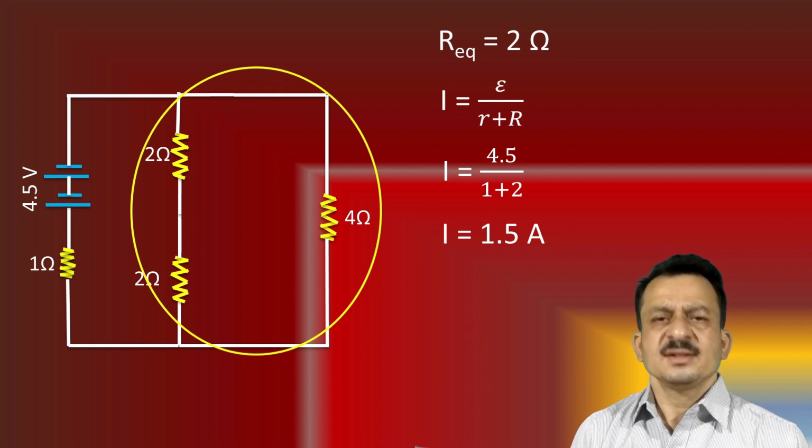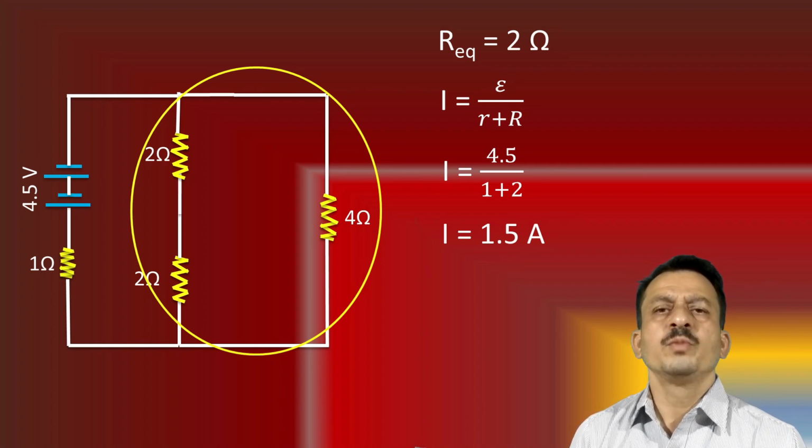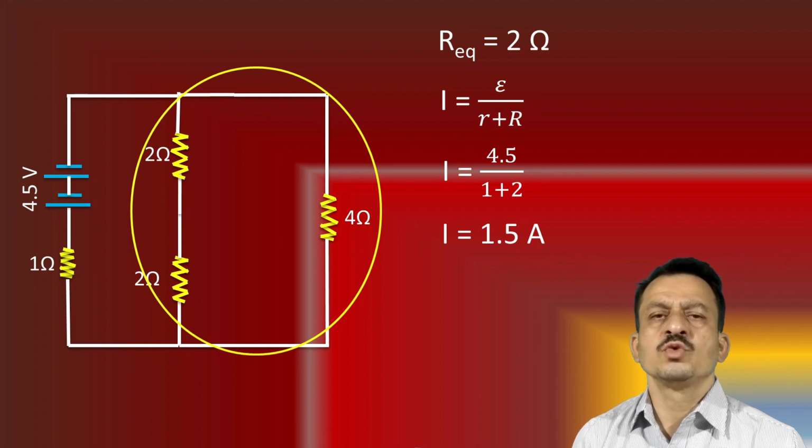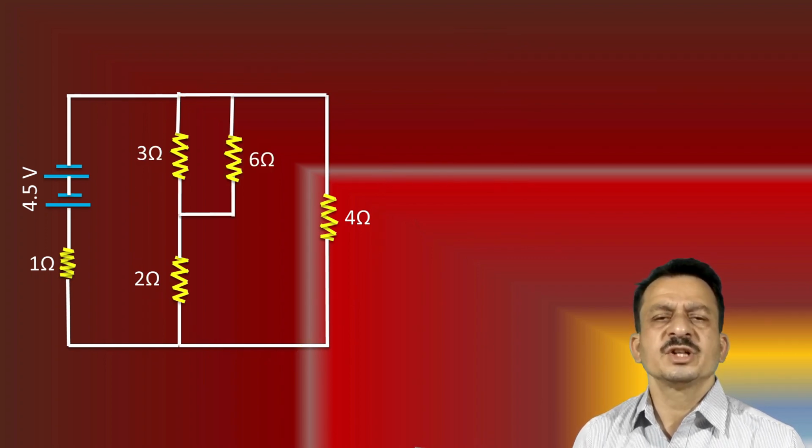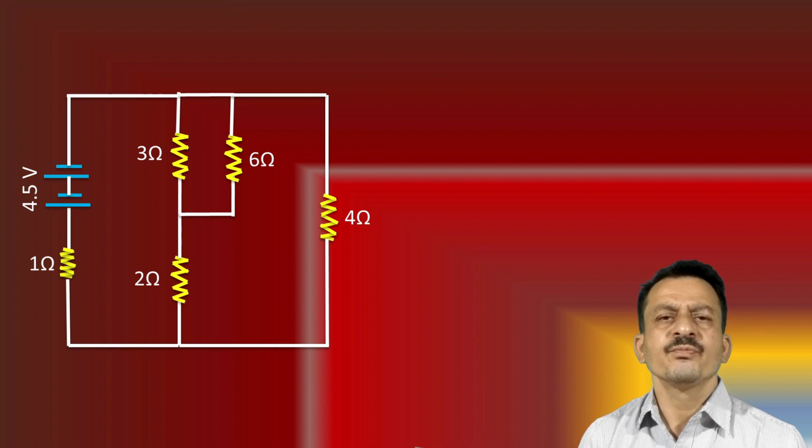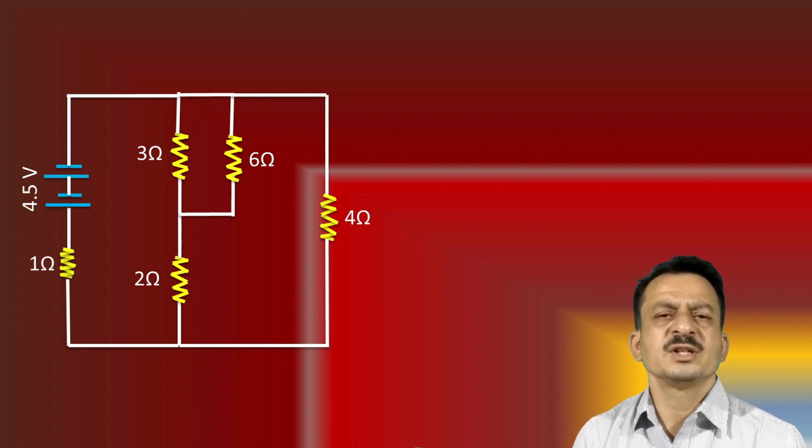As the current is 1.5 amps, here we have two branches of equal resistances. Therefore, current divides equally. Across the first branch, the 2 ohm 2 ohm series branch, current becomes 0.75, and across the second branch having 4 ohm resistance, it is also 0.75.